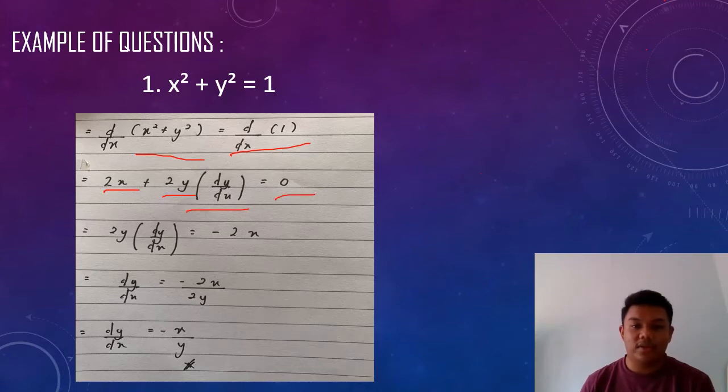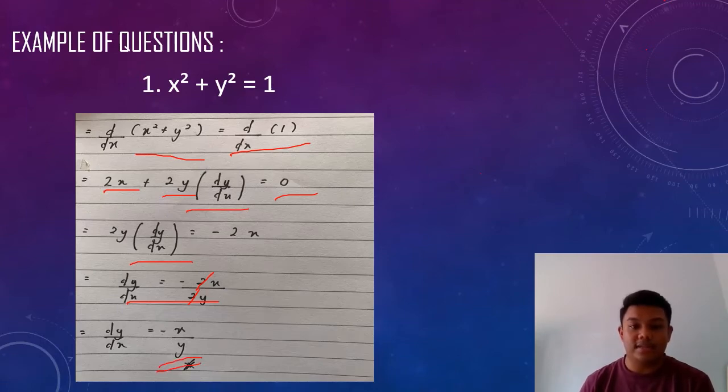If the equation has y, we put dy/dx. Next step, we make dy/dx the subject, so we rearrange the equation. dy/dx equals negative 2x over 2y. If we simplify this, the last answer is dy/dx equals negative x over y.